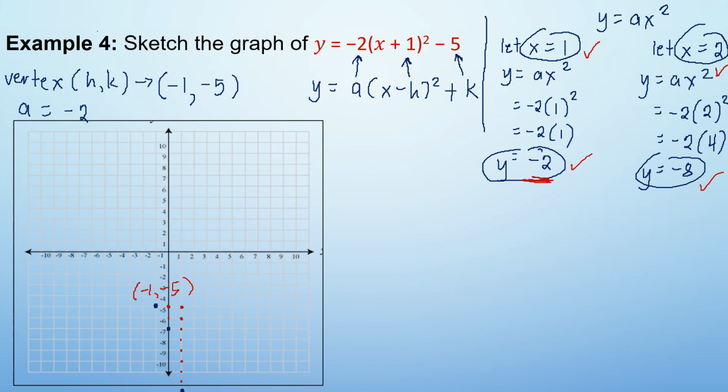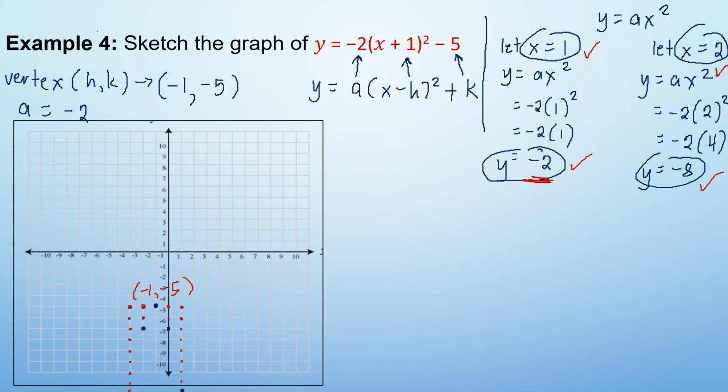Same on the left side. From the vertex, we move 1 unit to the left, and then 2 units downward. 1, 2. And then again from the vertex, 2 units to the left, 1, 2, and then 8 units downward. 1, 2, 3, 4, 5, 6, 7, 8.